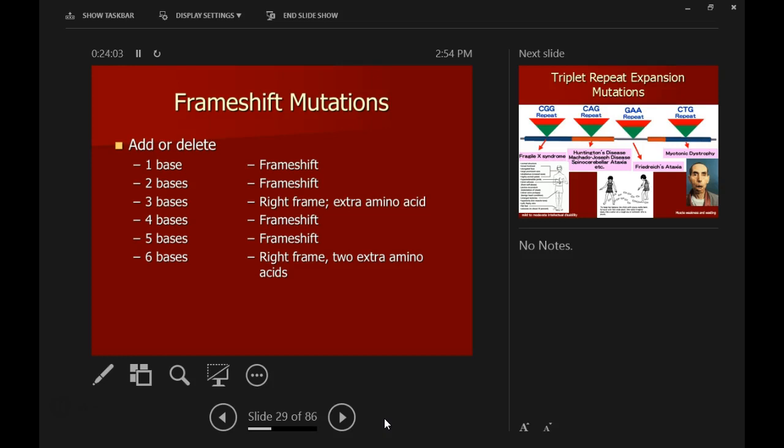It's going to be in the right frame. So what that means is you can get some mutations that are additions or deletions that are not going to be frame shift. And we'll look at a really famous one, I won't give it away, where you have an addition or a deletion where you end up with not a frame shift.